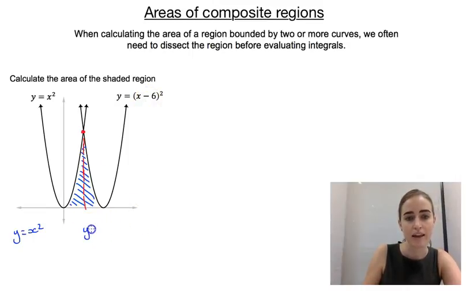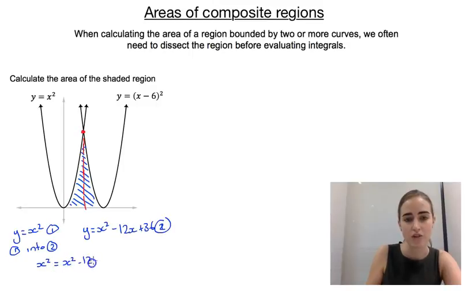So y equals x squared minus 12x plus 36. Let's call that equation 2, this one equation 1. Because they're both y equals, we're just going to substitute 1 into 2. So we'll have x squared equals x squared minus 12x plus 36.